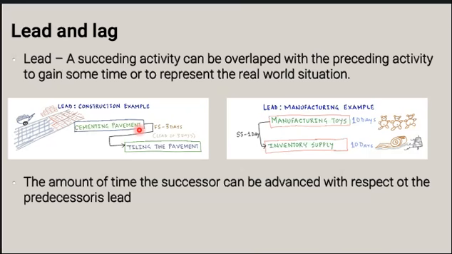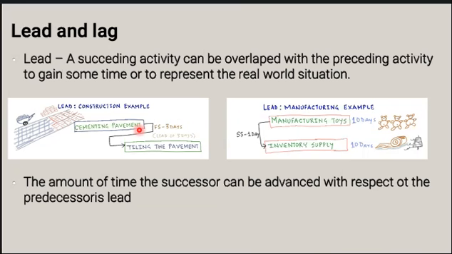So even though the inventory has to be supplied in advance, you can start the manufacturing as soon as the inventory is in place, and you can overlap those two activities.